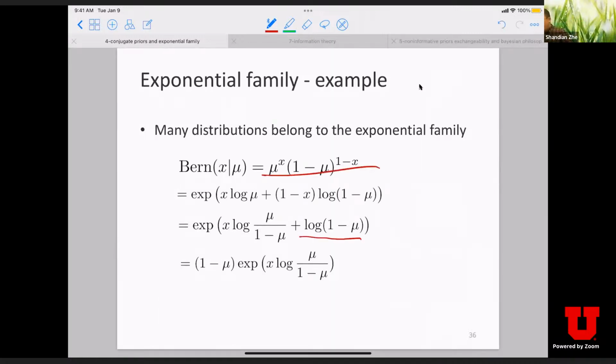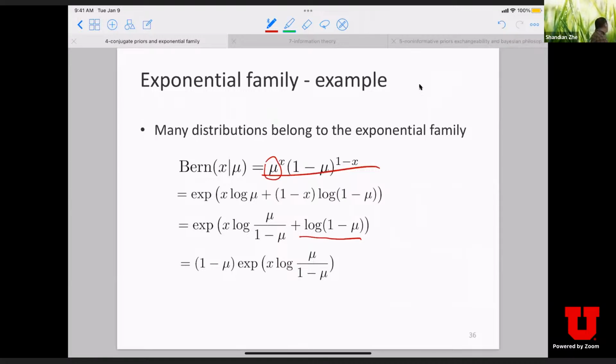By default we assume this is a Bernoulli distribution parameterized by mu. Actually, it's the mean of the random variable x. Remember, x is binary, 0 or 1. The mean of x is actually the probability that x takes 1, so it's mu. So for this Bernoulli distribution, the commonly used representation is in terms of the mean parameter mu.